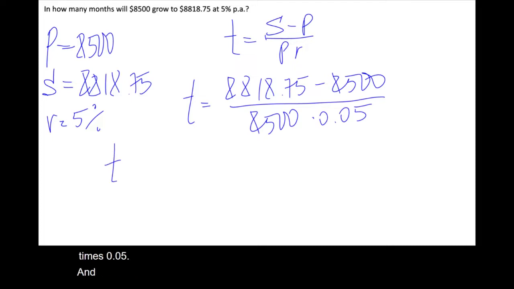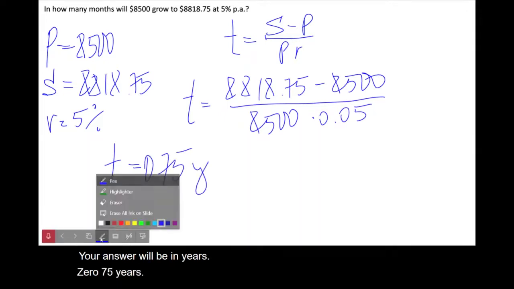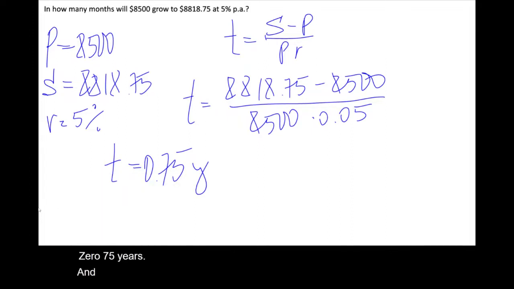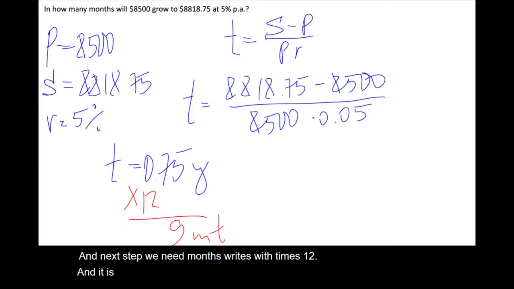Here, people, you have to remember that anytime you calculate time T using the formula, your answer will be in years. So 0.75 years. And next step, we need months, right? So times 12, and it is 9 months.